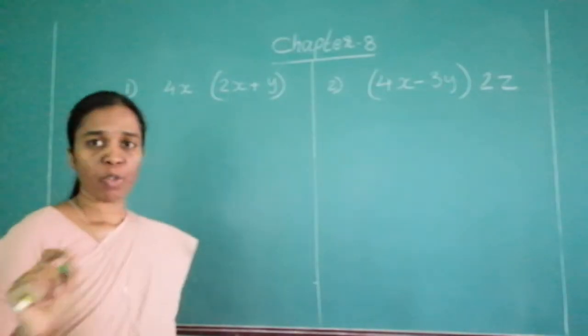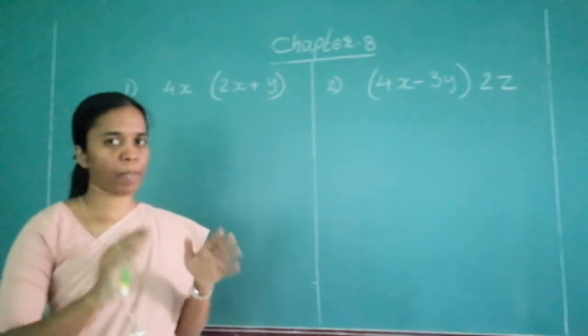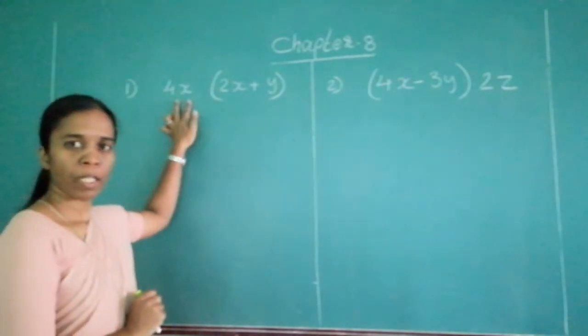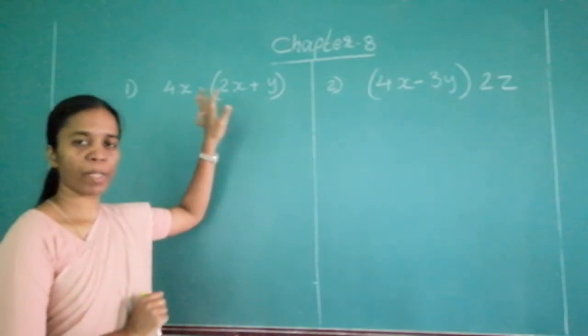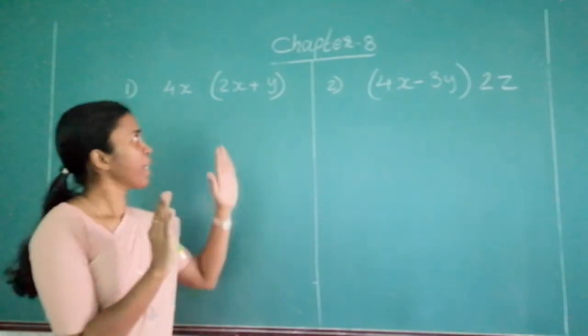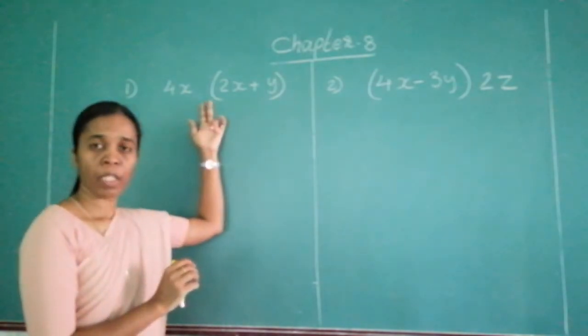So we have seen how to multiply monomials, multiply the numbers and multiply the variables. Here we have a monomial and a binomial. So we have to multiply the monomial with the binomial. Whenever we have a bracket, please remember this is multiplication over here.